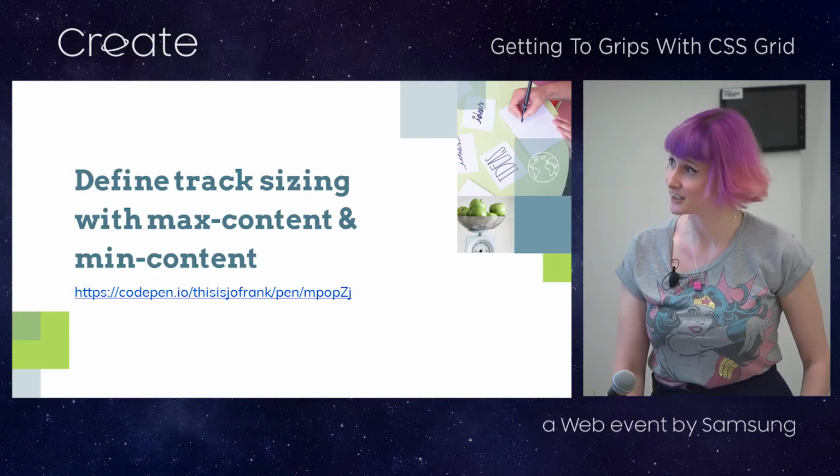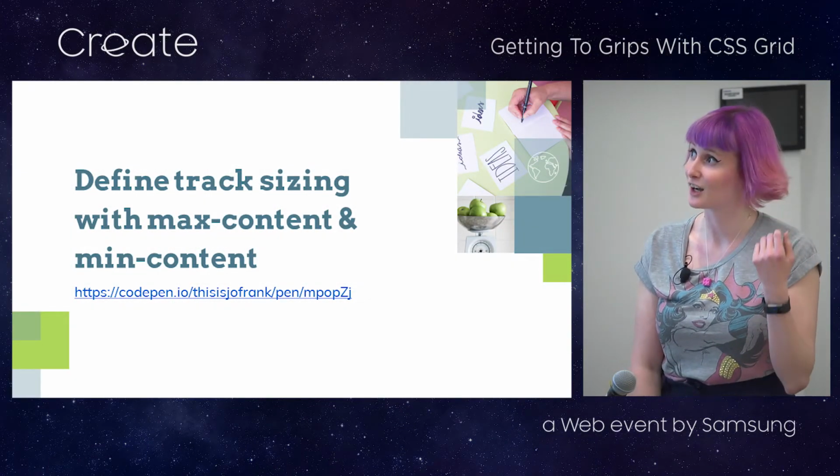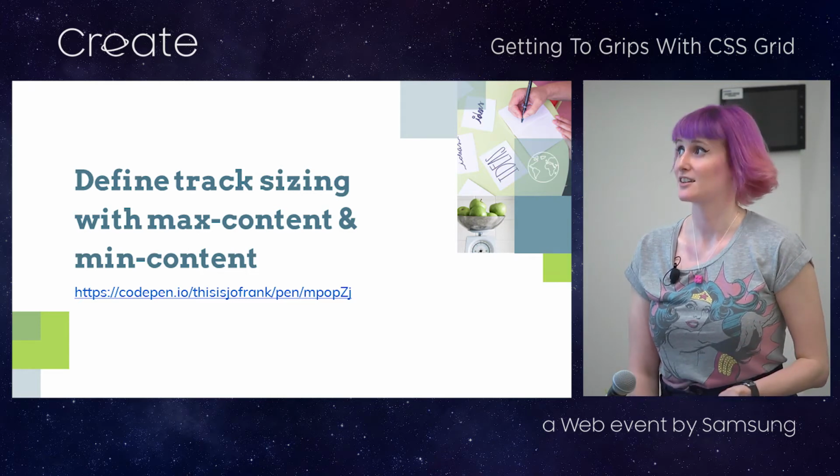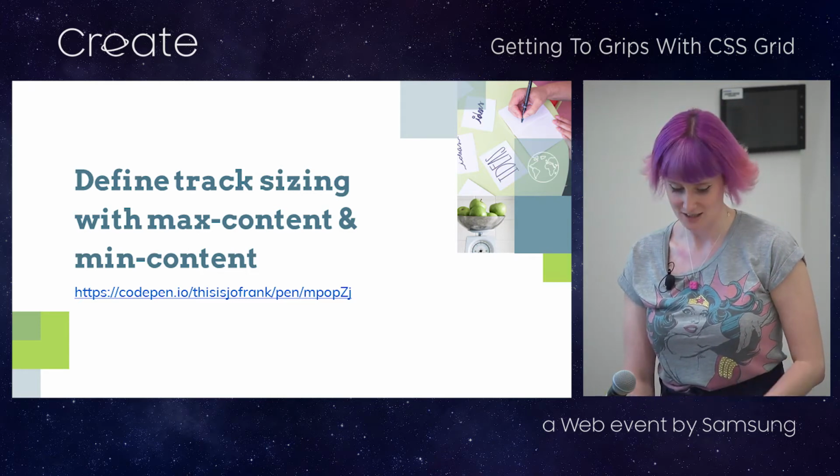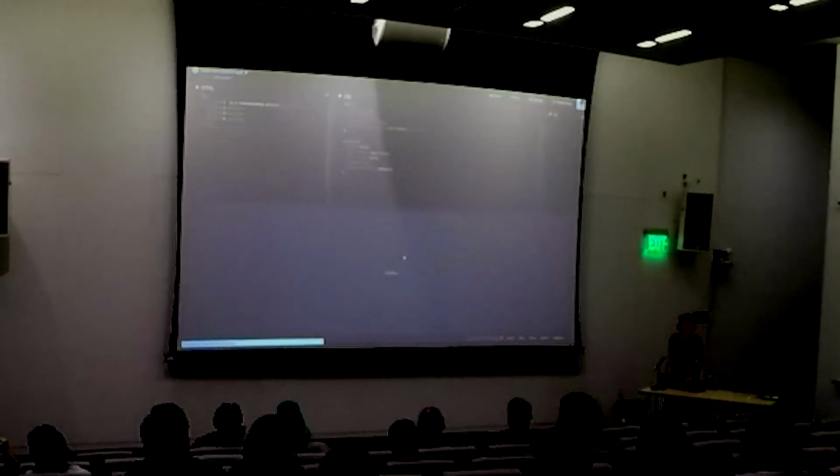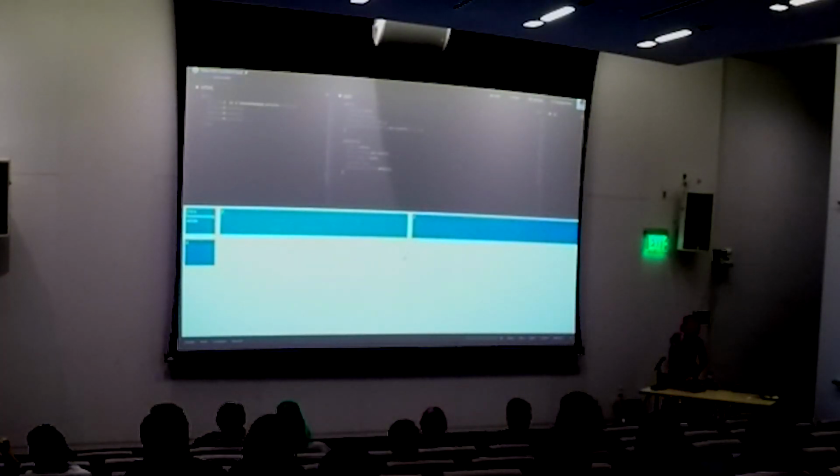And then the final cool thing that I have to show you is defining your track sizing with max content and min content, which I think is super cool. So we've got a grid of elements here, and I've got a piece of text in here which says this is a long article.